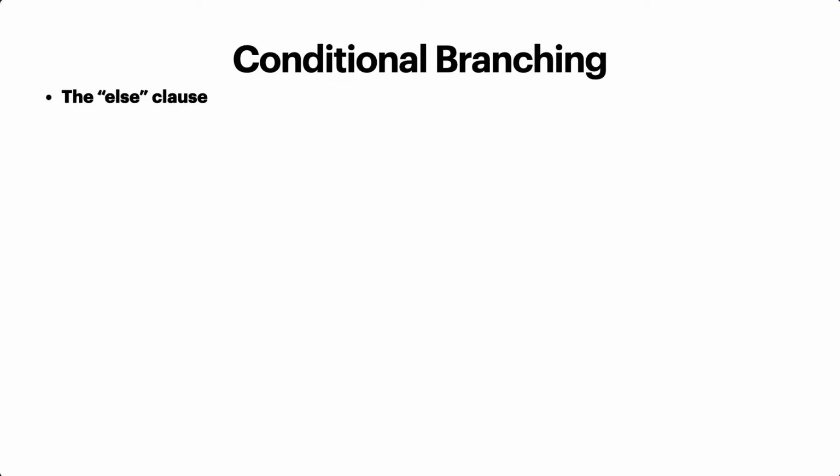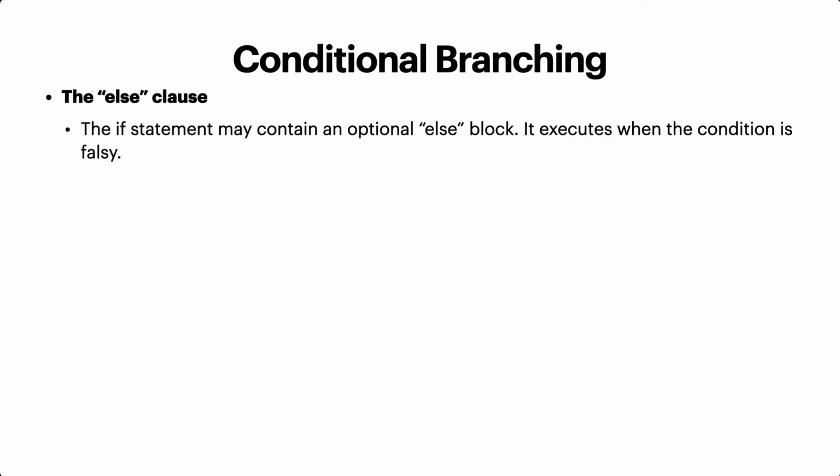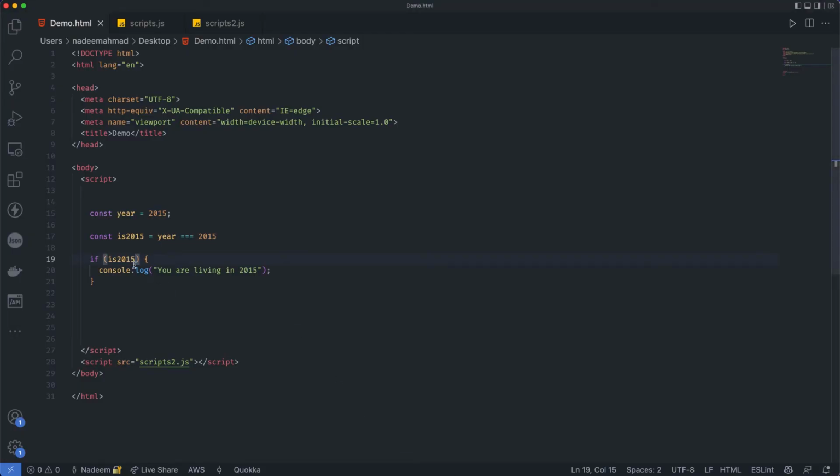The else clause. Until now we haven't talked about the else clause, so let's see what it is. The if statement may contain an optional else block. It executes when the condition is falsy. If we were just checking if the year is 2015, then just print it out. What happens if the year is not 2015?